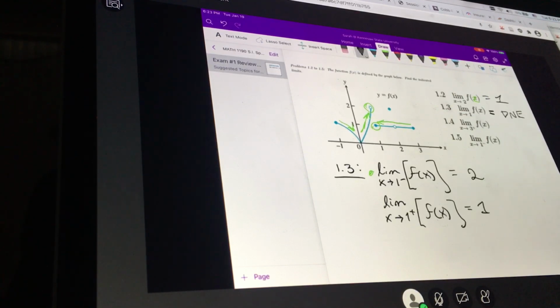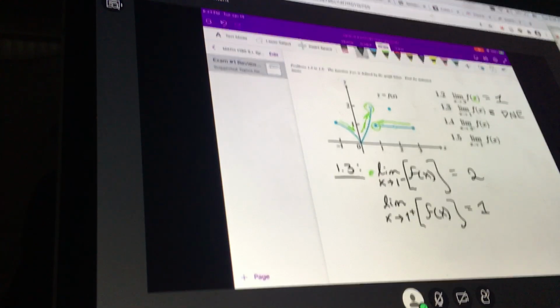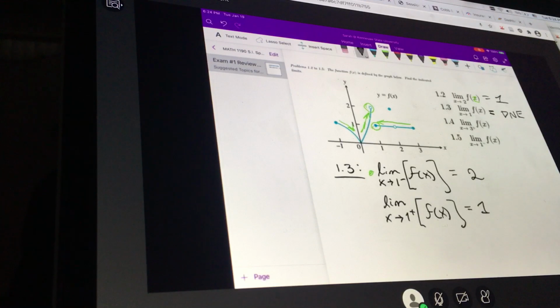So just to clarify, your question was if there's an open circle, then it does not exist. I'm sorry, I missed the last bit of what you said. Oh no, so you know how we're trying to solve for x going to 1? Mm-hmm. And there's 2 points. There's an open circle at 2 and there's a closed circle at 1. Well, that the answer does not exist since there's 2 points and one is open and one is closed.